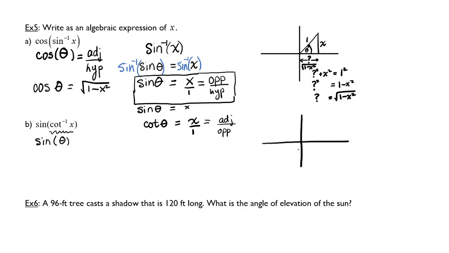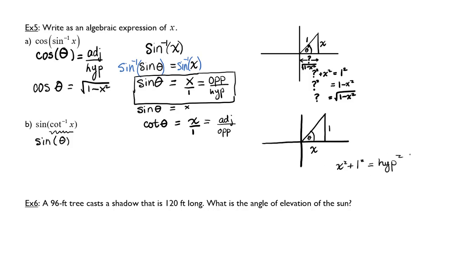So I'm going to draw my triangle again. This time my triangle will be adjacent is x, opposite is 1, and so I know that the third side, the hypotenuse, is going to be x squared plus 1 squared equals hypotenuse squared.